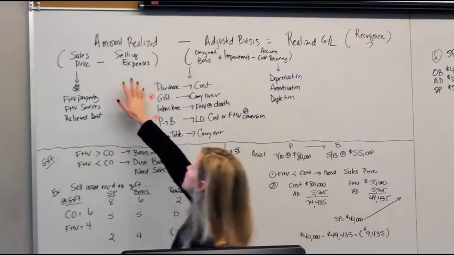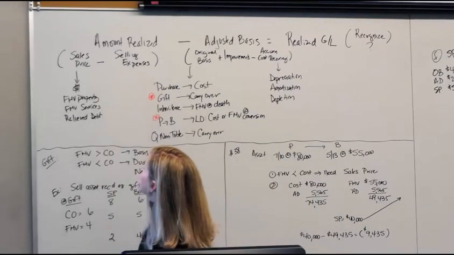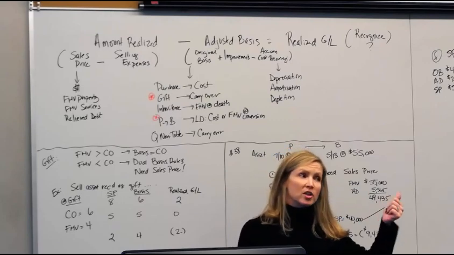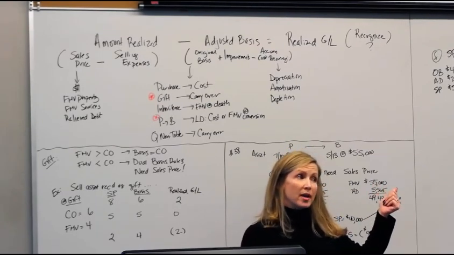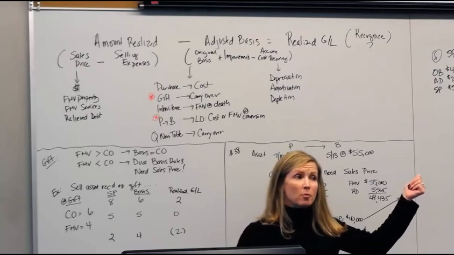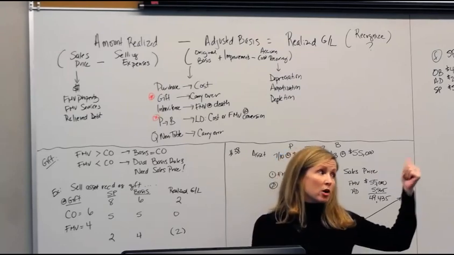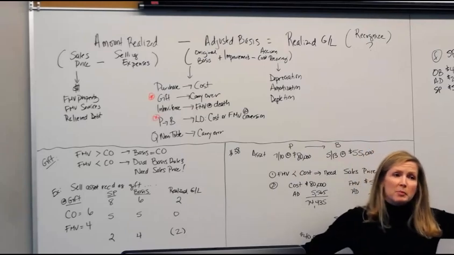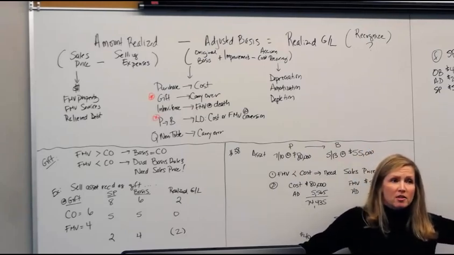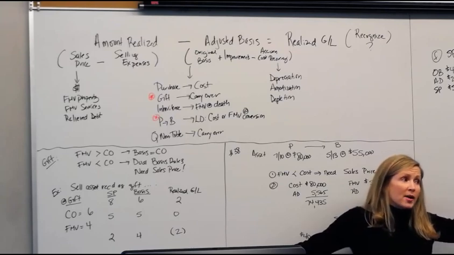Going back, breaking it down. Amount realized is our sales price, which is anything we receive. Cash, but we don't always just get cash. We may get paid in trade. We may receive services, the fair market value of those services, or the fair market value of property. I may accept stocks instead of cash. What's the fair market value when I receive them? Someone may pay off my debt.